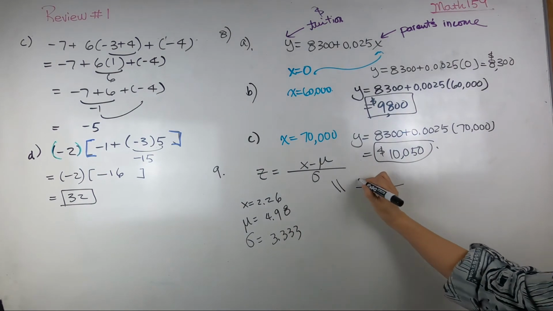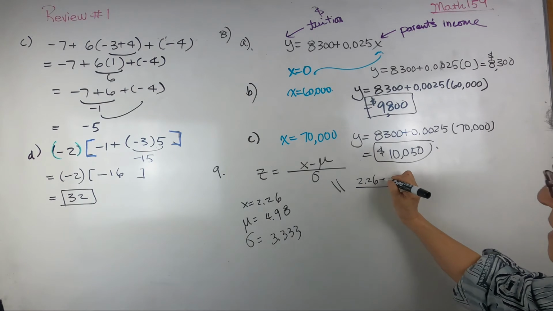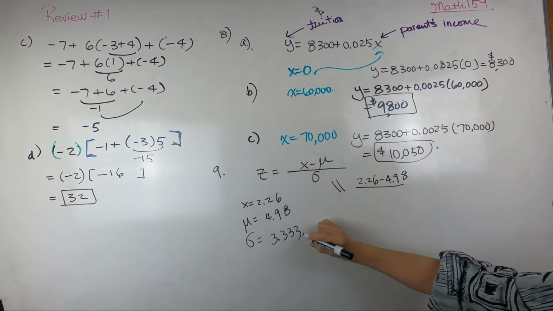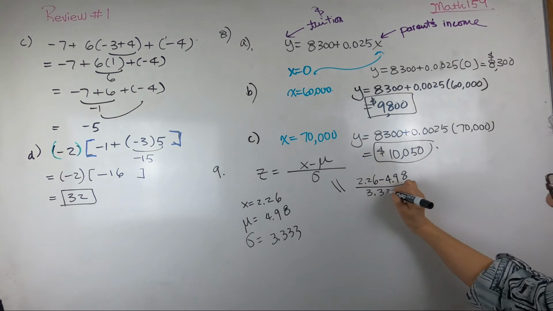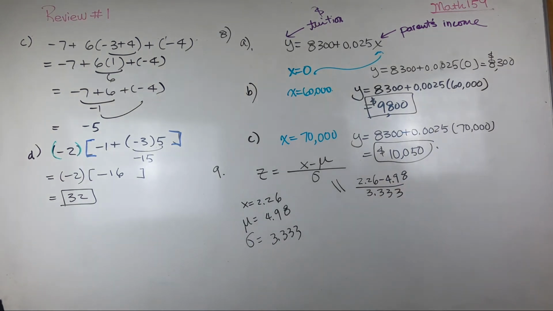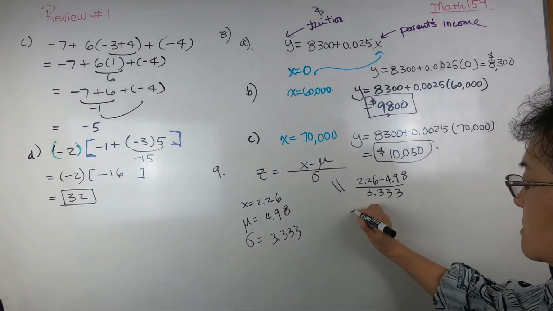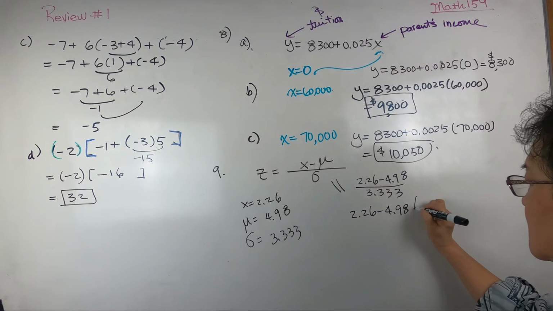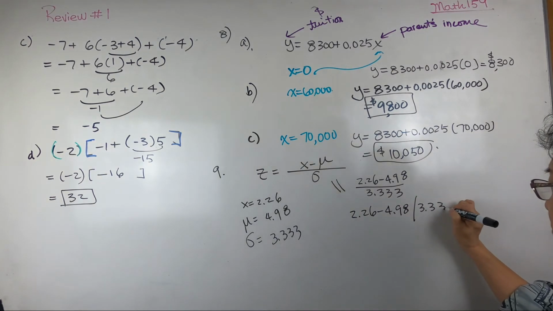X is 2.26 minus 4.98 over sigma 3.333, right? Then you put it into the calculator correctly. You need to know how to use the calculator, right? So you do 2.26 minus 4.98 divided by 3.333.